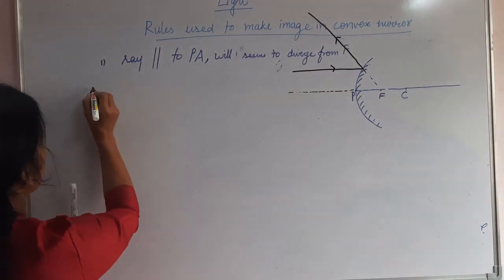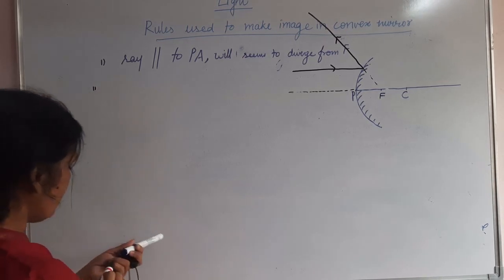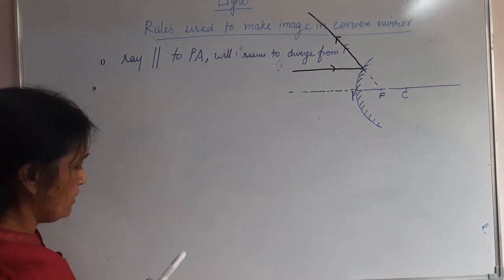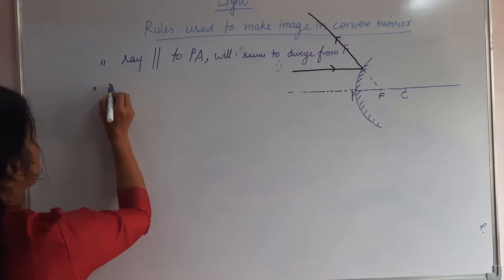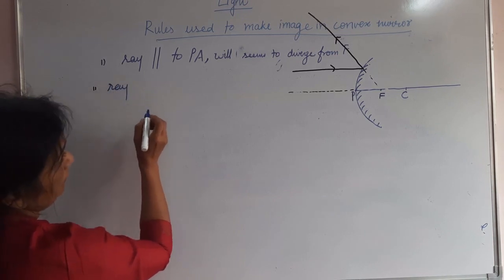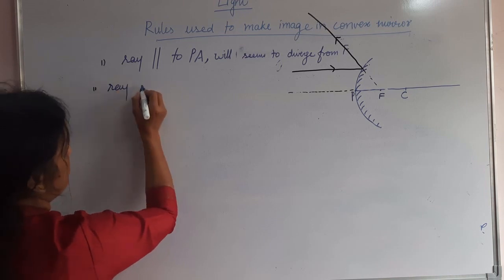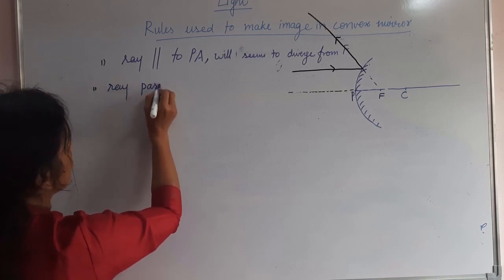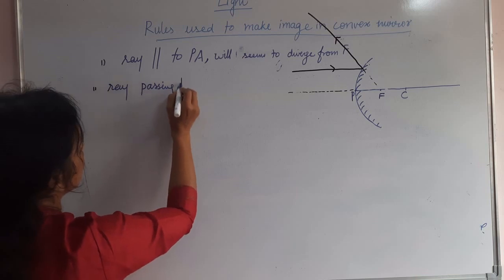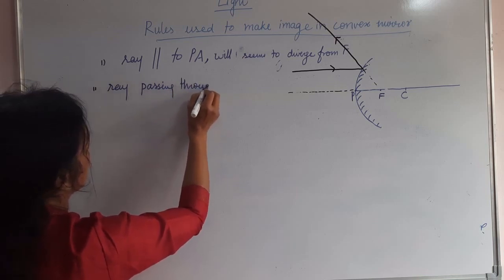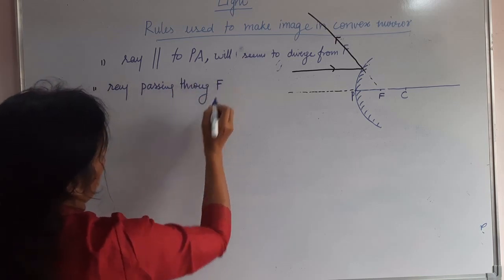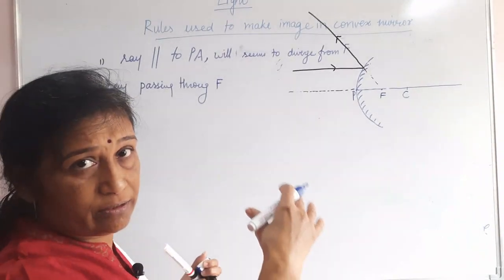Now the second one is, I'll use this pen. A ray, I mean the incident ray, passing through F, means F is lying on that incident ray.